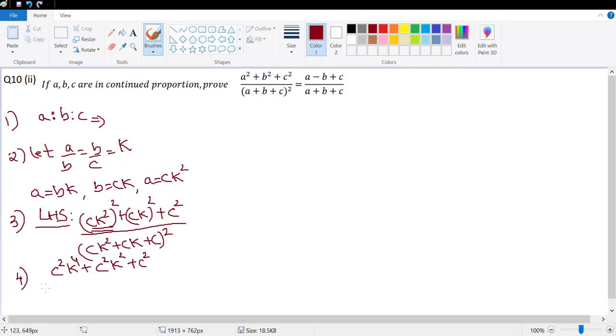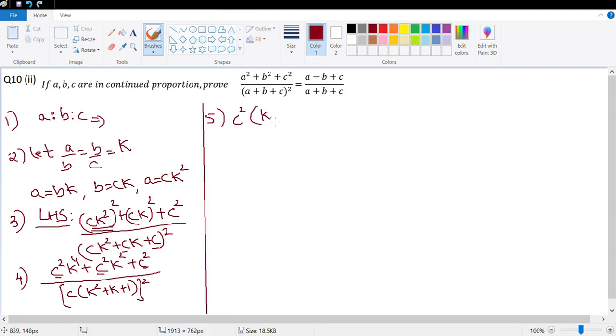In the denominator, I noted that C is common in all three elements. So I take C common. What remains inside the bracket is K square plus K plus 1. And everything is to the power 2. Yes, we are squaring everything. So in the numerator, I noted that C square is common in all the elements. So this is C square times (K to the power 4 plus K to the power 2 plus 1).